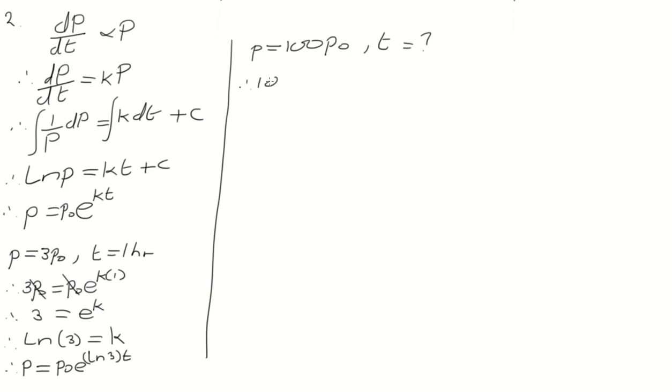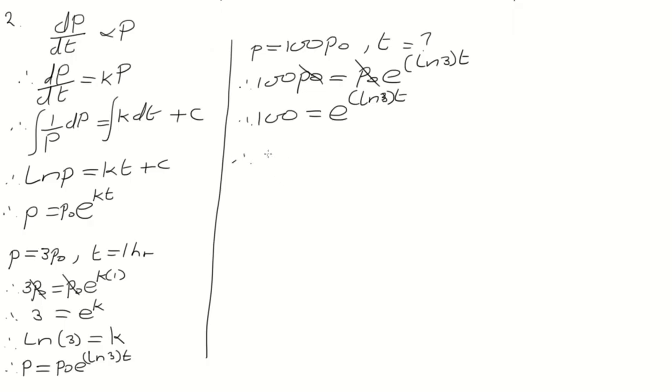It's simple. 100 P naught is equal to the right hand side, P naught e raised to, we now have the improved version where we have a value of k. Again you can see P naught will cancel, and when that happens we'll be left with 100 is equal to e raised to ln 3 times t. Again we have to drop that t there.